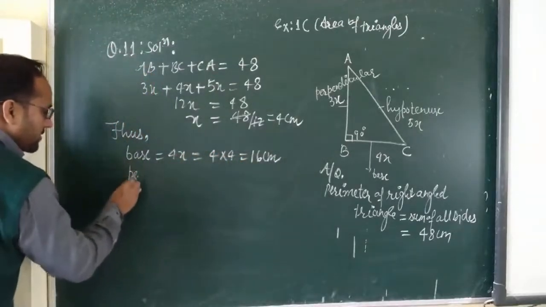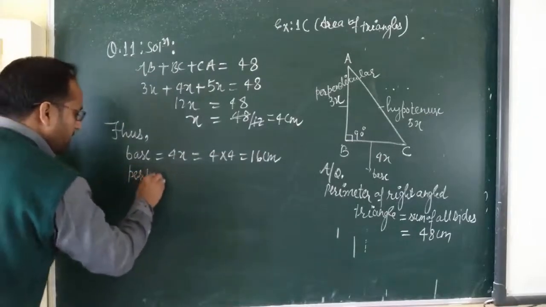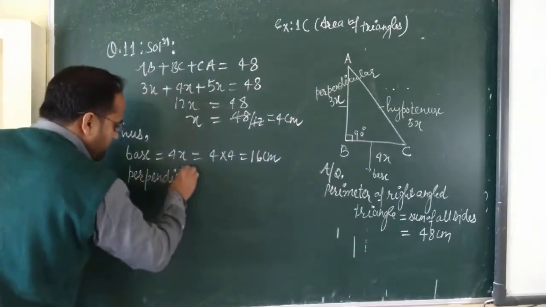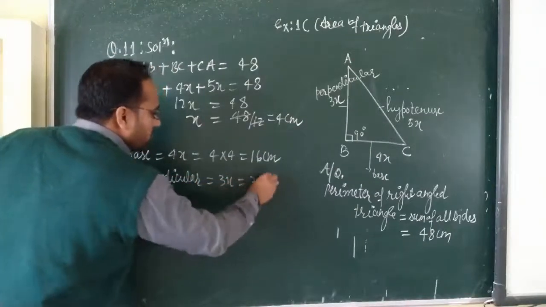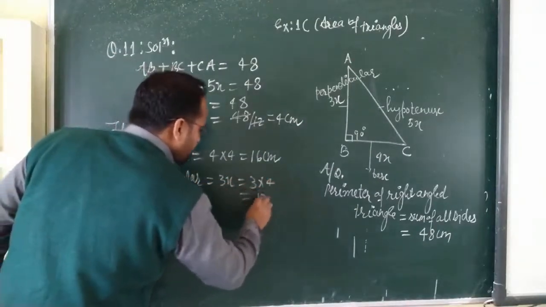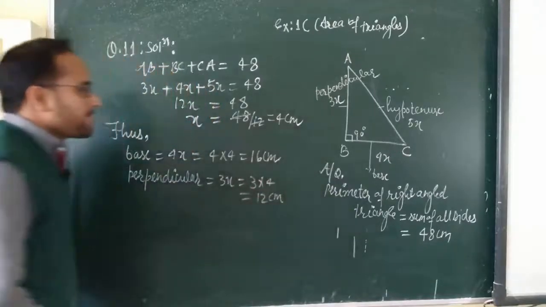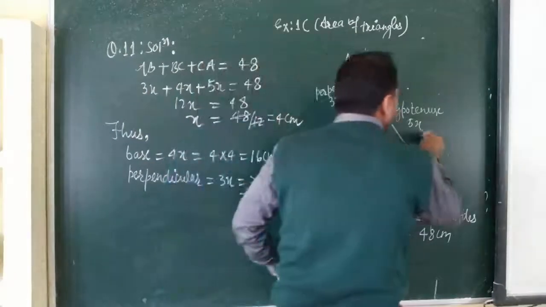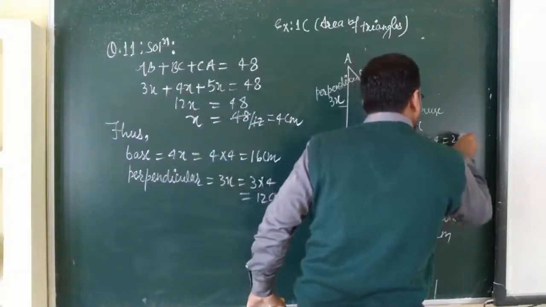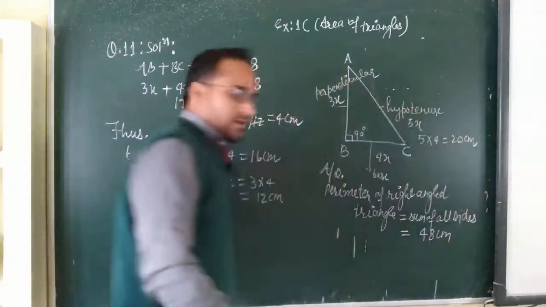The perpendicular is equal to 3x, so 3 into 4, you will get 12 centimeter. If you want, you can find the hypotenuse also: 5 into 4, you will get 20 centimeter.